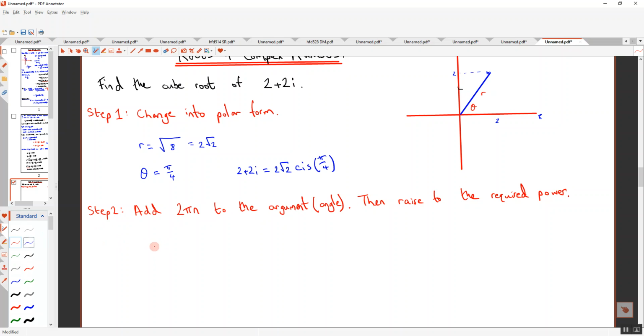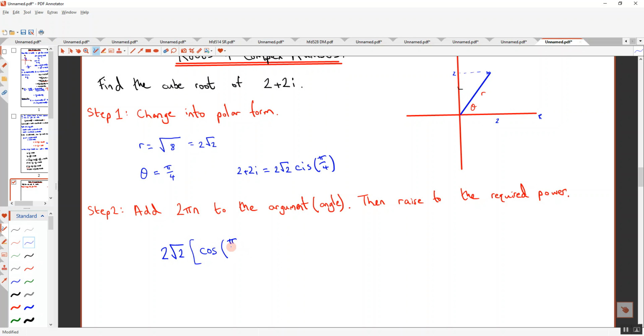So we've got... the reason why we add this 2 pi n will become clear whenever, no, let's write it out in full, whenever we find actual solutions.